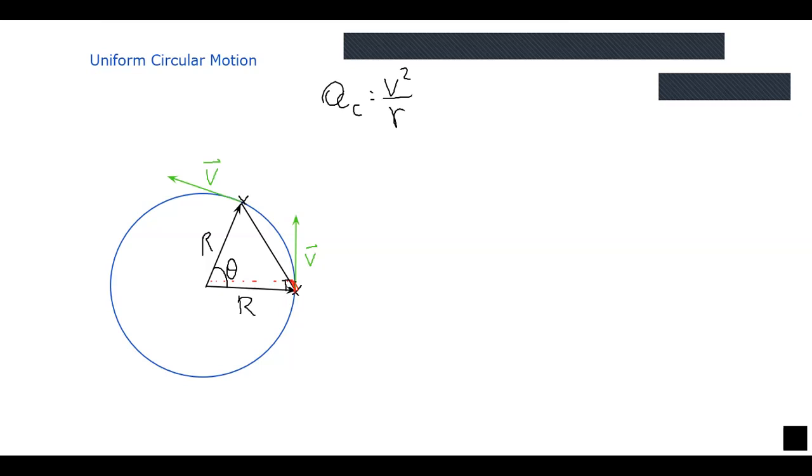We're going to call this distance along the arc delta S, and this displacement d. We're just looking at their magnitudes, that's why I'm not putting the vectors there. So delta S is approximately d for small angles, because at the end, we're going to look at the small angle limit.